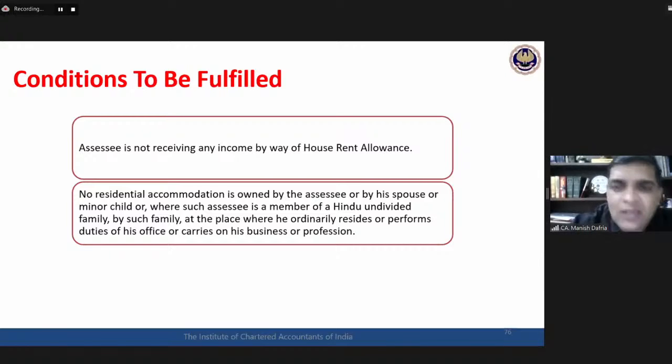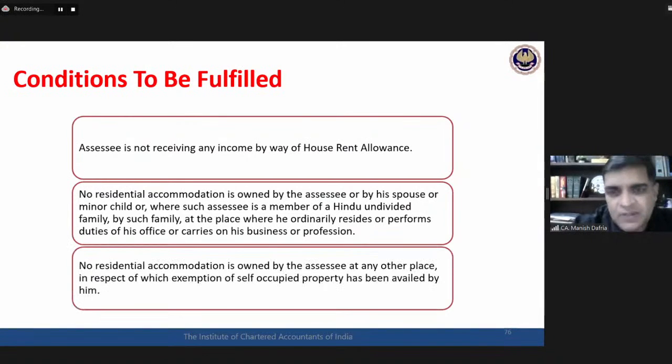So that's why the law has created the second condition, that if you want to claim 80GG deduction, then in the city in which you are residing, you yourself, spouse, minor child, or your HUF should not own any residential accommodation. Then only can 80GG deduction be claimed.